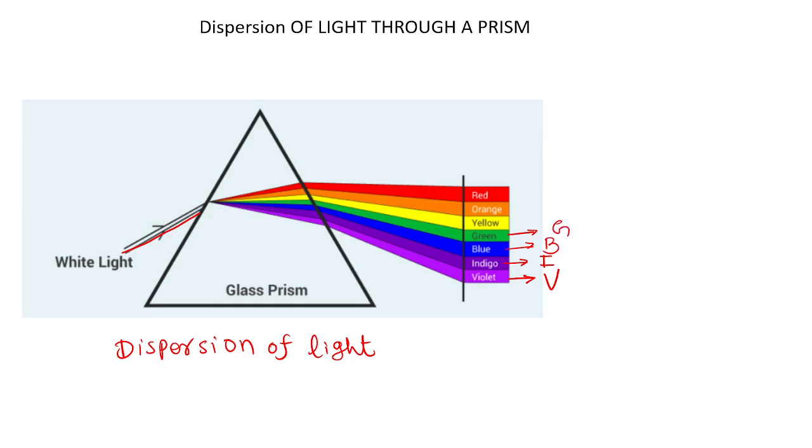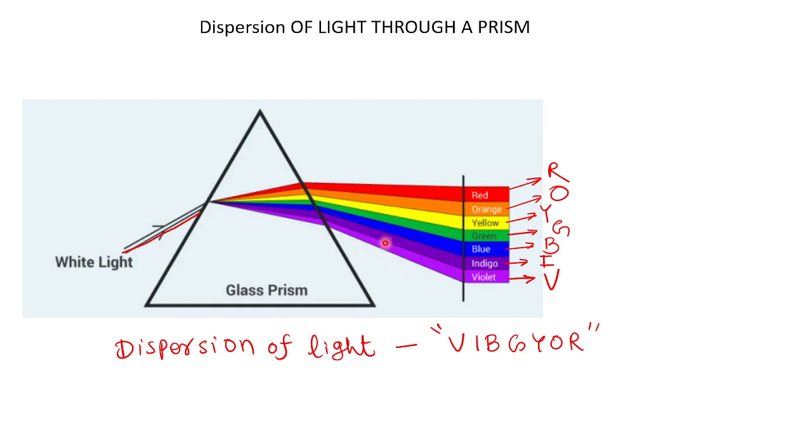Green is denoted by G, yellow by Y, orange by O, red by R. If you read the colors from the bottom, it appears as the word VIBGYOR. But you have to read from the bottom.